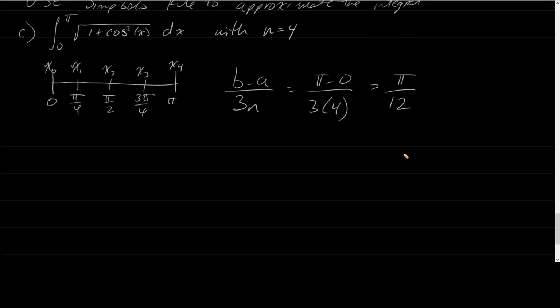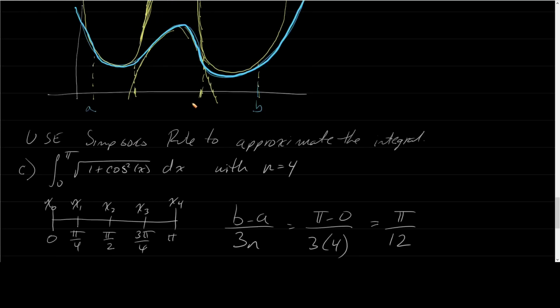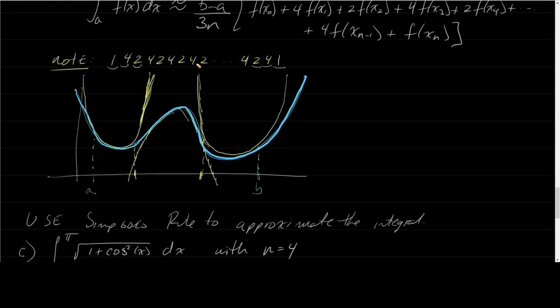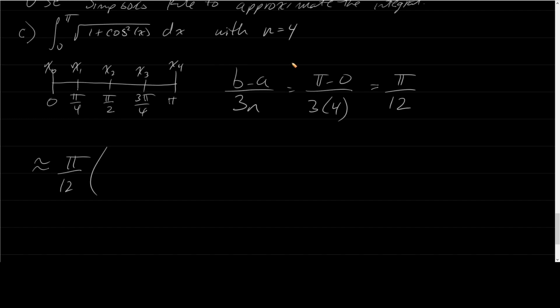So now this integral is approximately equal to pi over 12 times, and remember, the pattern was 1, 4, 2, 4, 2, alternating until I get to my last one being just 1, which is why it's super important that we have an even n.